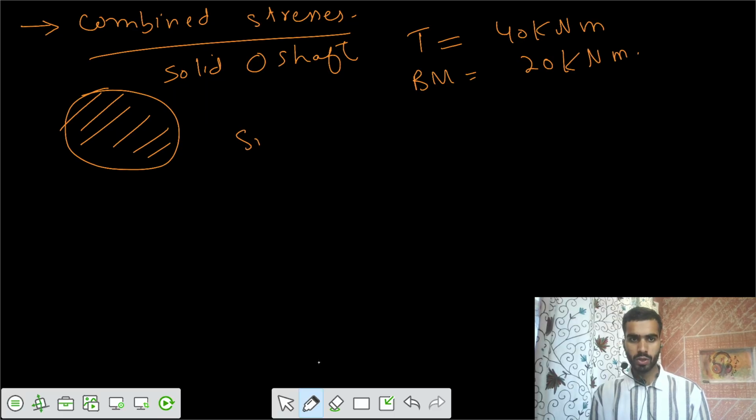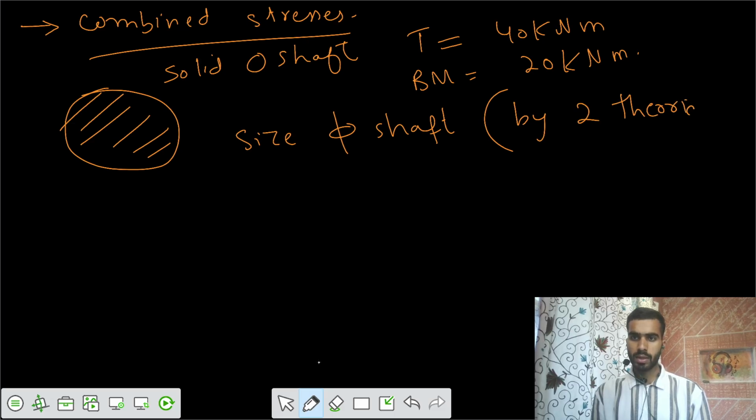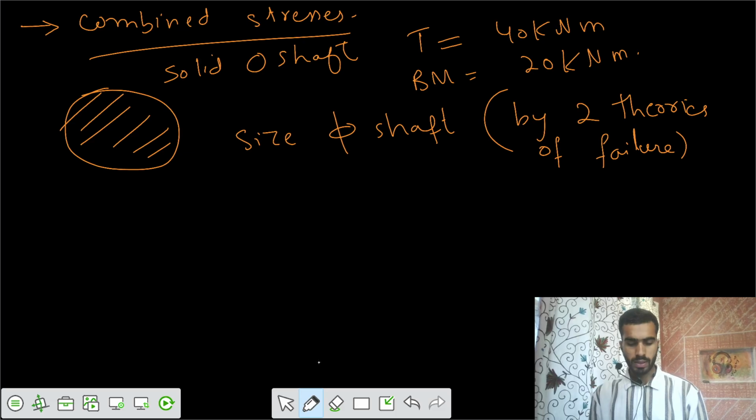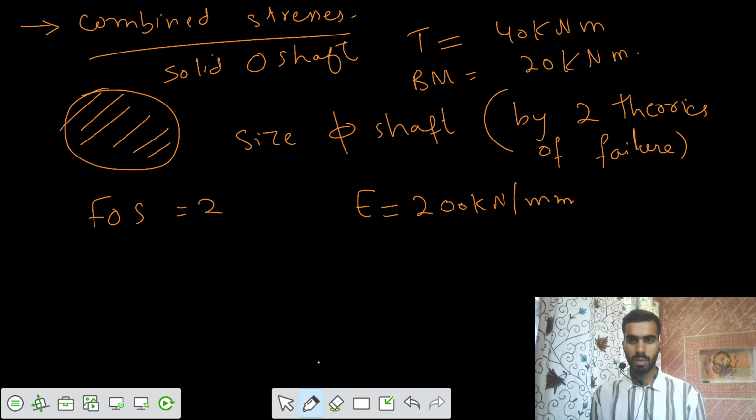You need to find the diameter of that shaft, using two theories of failure, taking the factor of safety 2, E equals 200 kilonewton per millimeter square, yield stress Fy 250 megapascal, and Poisson ratio 0.3.